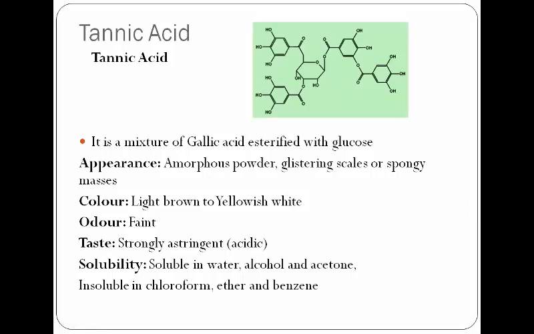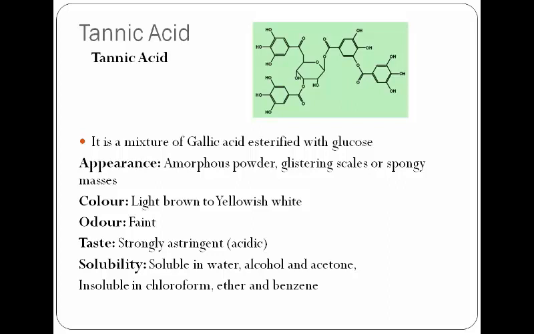The tannic acid, or gallotannic acid, or tannin, is obtained from nutgall. It is a mixture of gallic acid esterified with glucose. Apparently, it is an amorphous powder, glistening scales, and spongy masses.